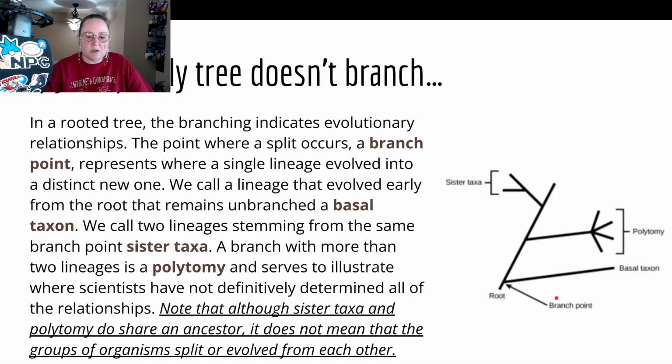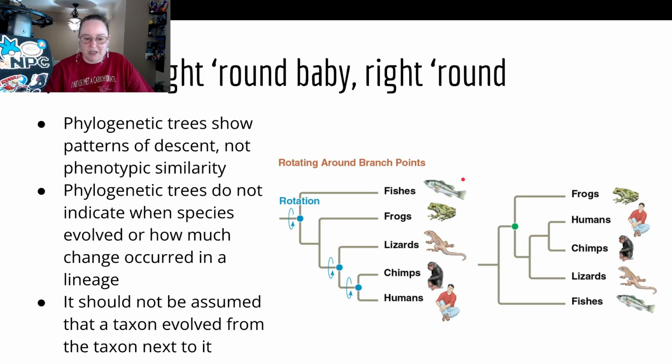But basically, those are the points that I'm going to point out here on your family tree, or your not-family tree. Now, again, phylogenetic trees show patterns of descent, not phenotypic similarity. And we used to get this wrong, and this is still something that a lot of people get wrong. Again, what's the difference between, for instance, all mammal bones?